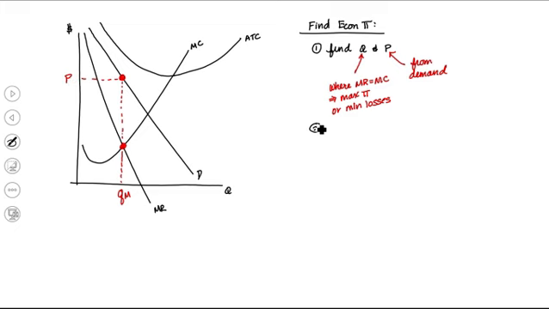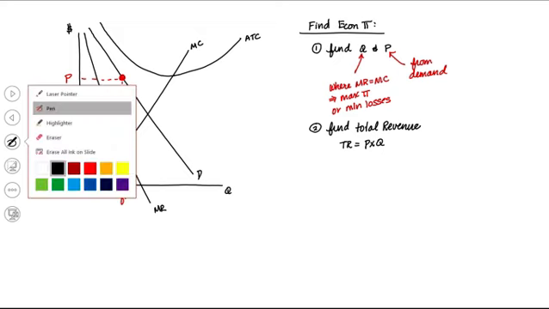Step number two, after we have price and quantity, we need to find total revenue. And we know the equation for total revenue. What is it? Total revenue is P times Q. Great, so total revenue is price times quantity.